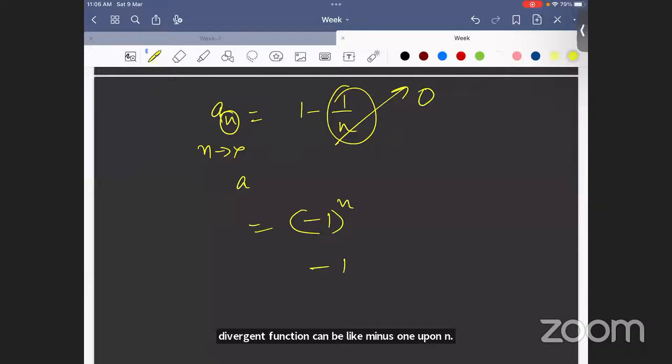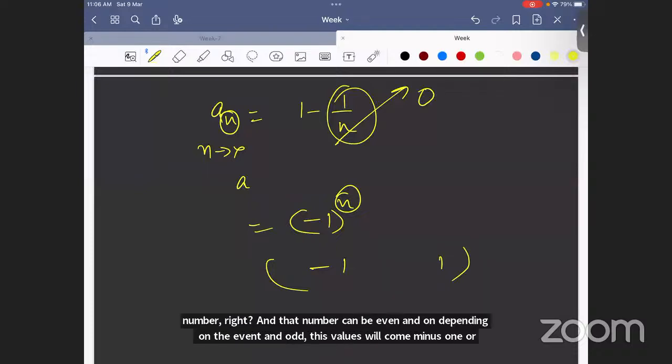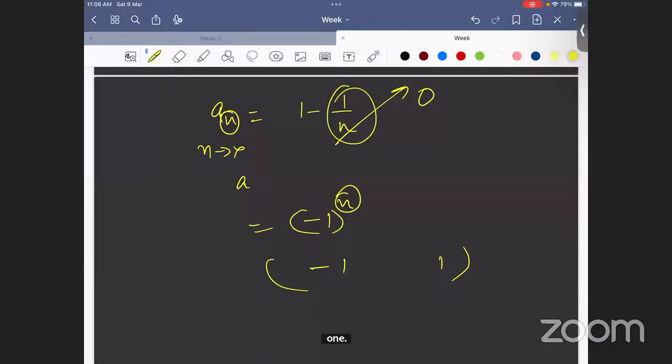This will oscillate periodically between -1 and 1. You will not get any fixed value, because when you put n as infinity, that will be some big number, and that number can be even or odd. Depending on even or odd, the value will come as -1 or 1. That means you are not getting some exact value. You are getting -1 and 1, but not one particular value. Is it clear? The divergent one? Yes.